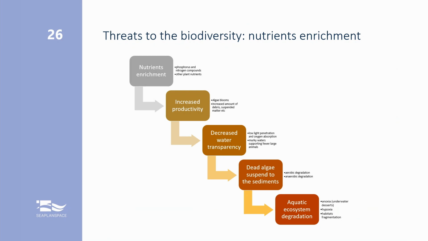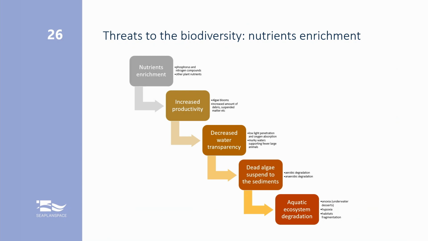After the bloom, all the dead algae go down and settle into the sediments. And then the first big problem starts, because first we have aerobic degradation, and after the oxygen sources are used, we have anaerobic degradation. The anaerobic degradation is also linked to the fact that the environment around is without oxygen.